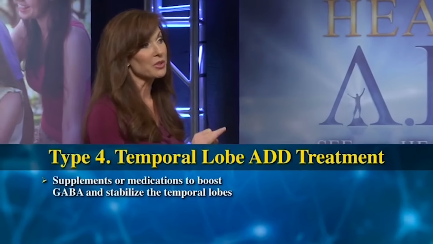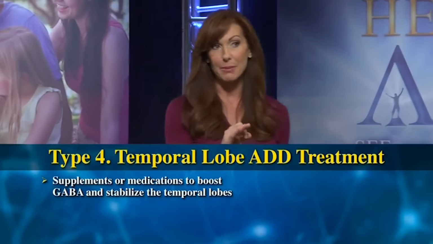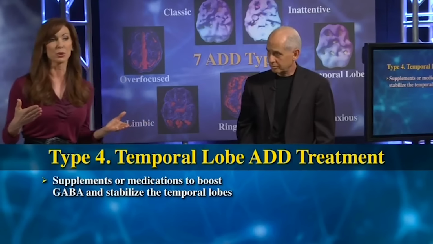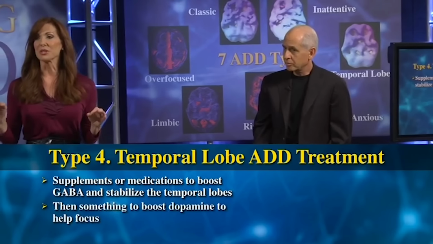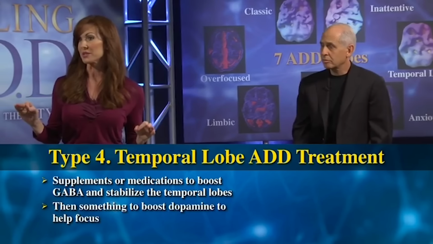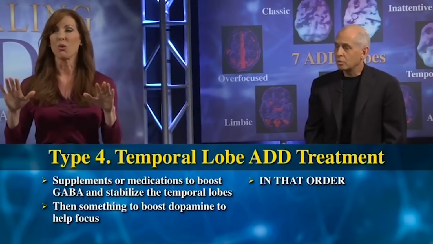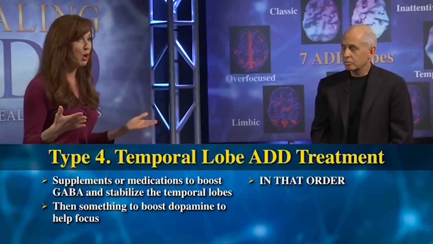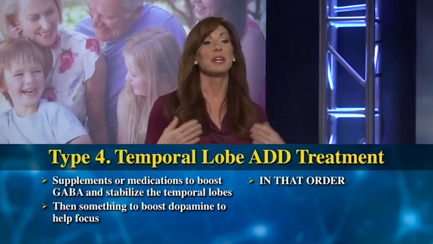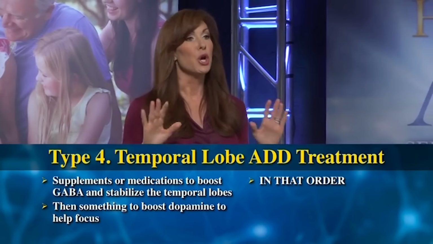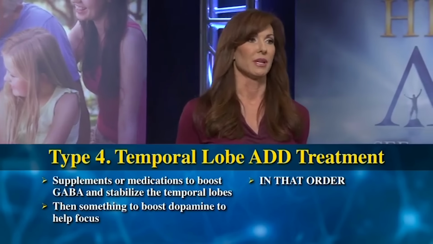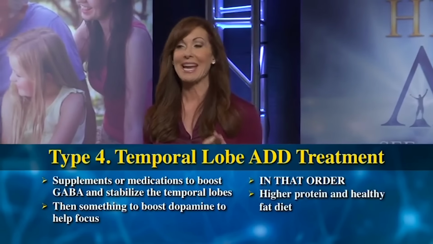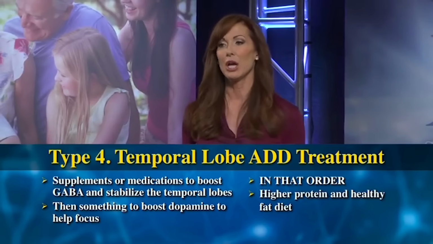The treatment for temporal lobe ADD is supplements or medications that boost GABA to stabilize the temporal lobes. Then something to boost dopamine to help with focus. In that order. If you get the order wrong, you can hurt them. That is why in our program, knowing your type is so important. In addition, a higher protein and healthy fat diet can help.